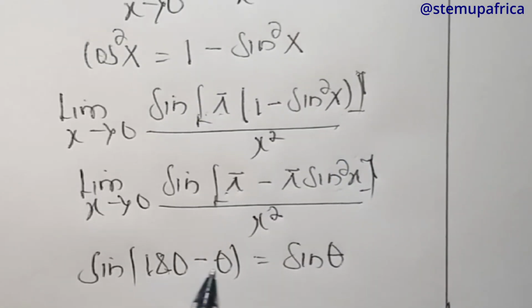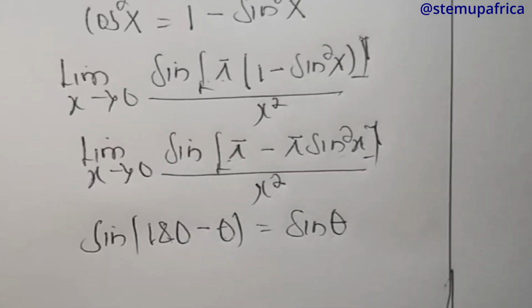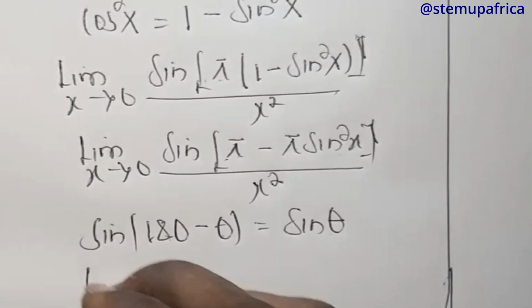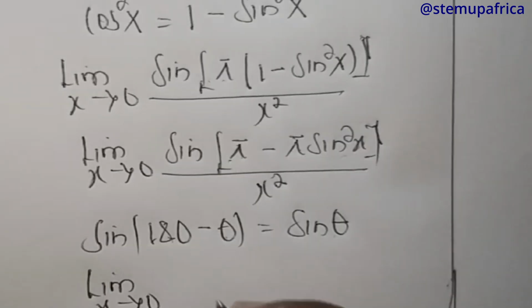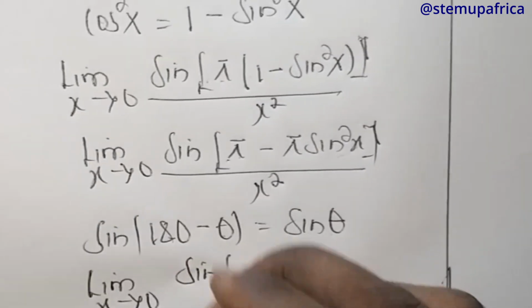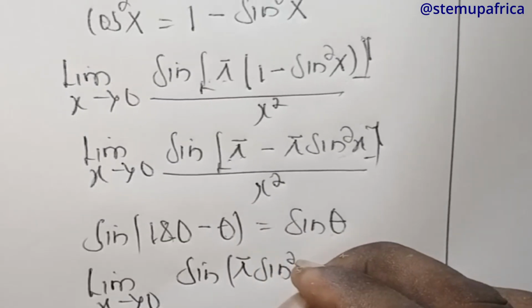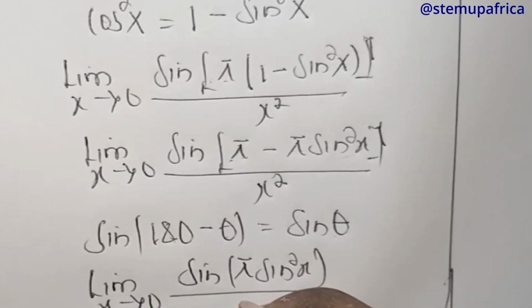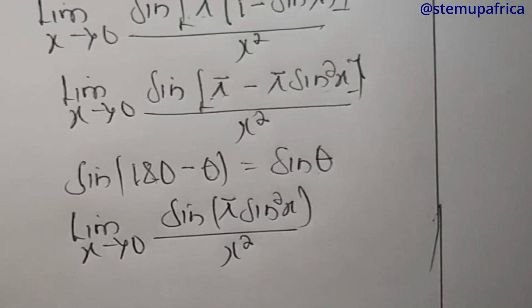So when you have 180 minus theta, what you have is sine theta. This gives us the limit as x tends to 0. I'm just left with sine of pi sine square x over x squared. That's what we are left with.